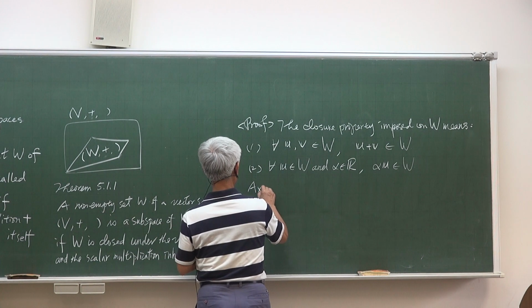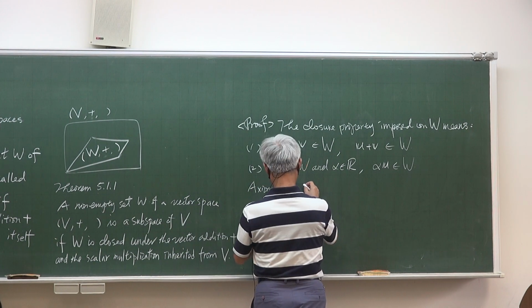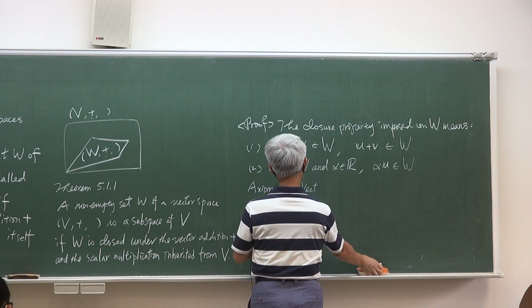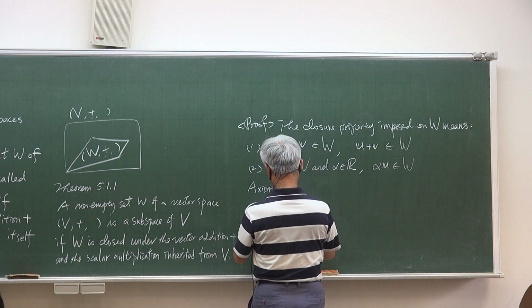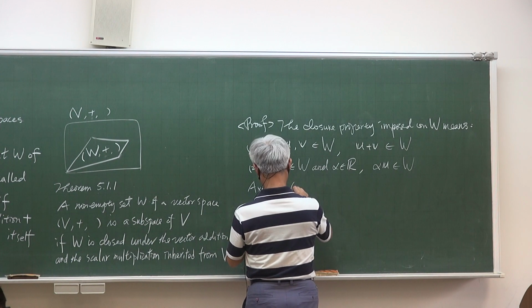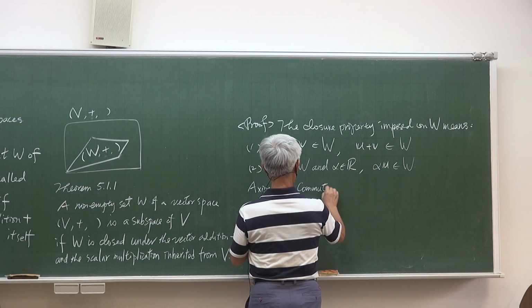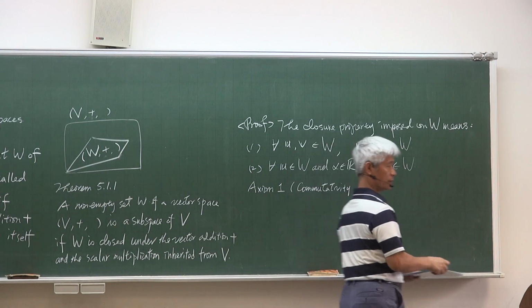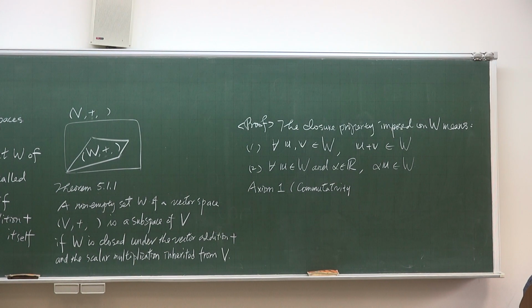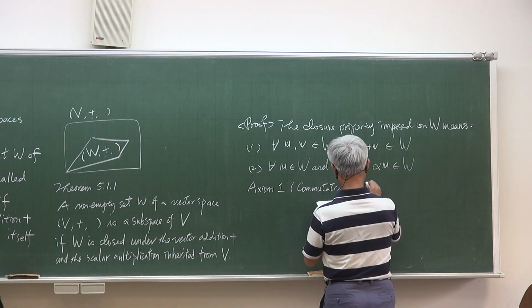So now axiom 1 is about commutativity of vector addition.